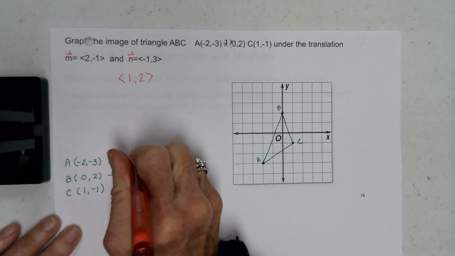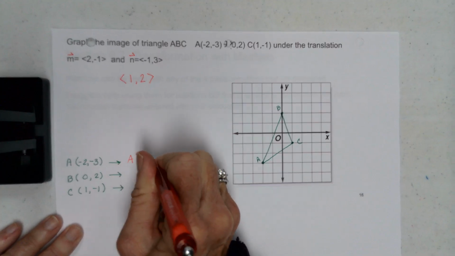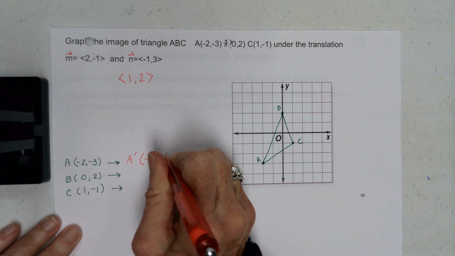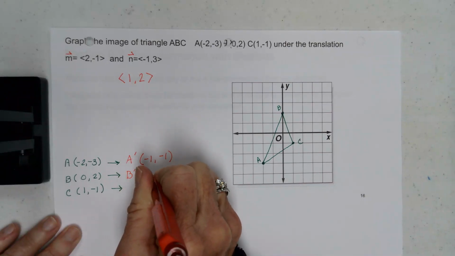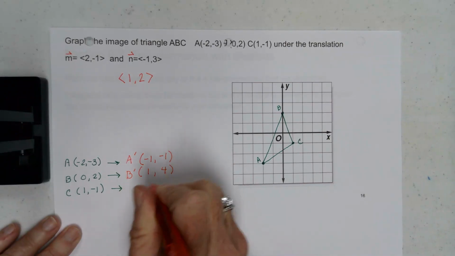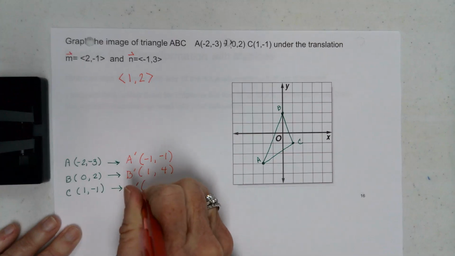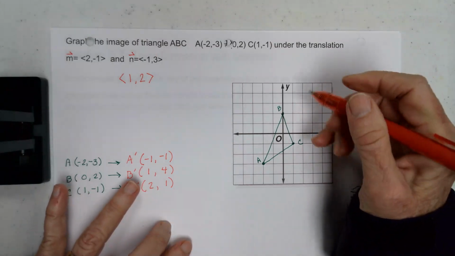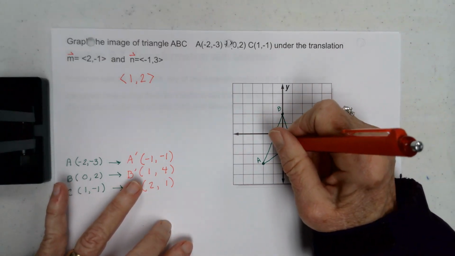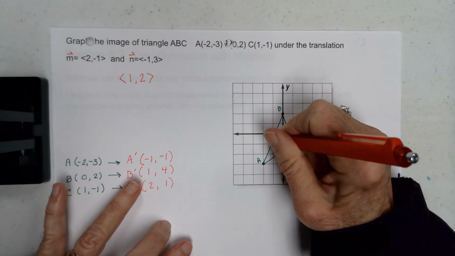So A prime is going to give me -1, -1. B prime is going to give me 1, 4. And C prime is going to give me 2, +1. So when I go to graph this, I have -1, -1 is my A prime.